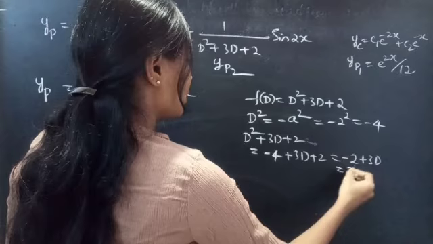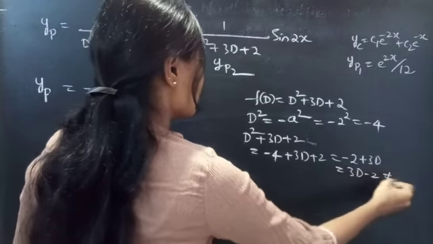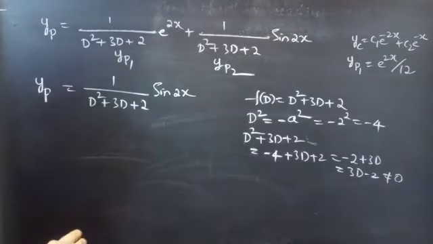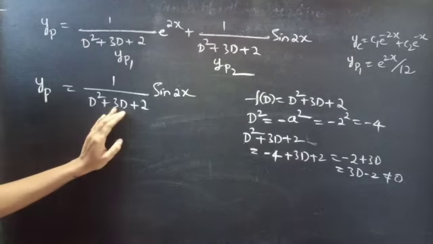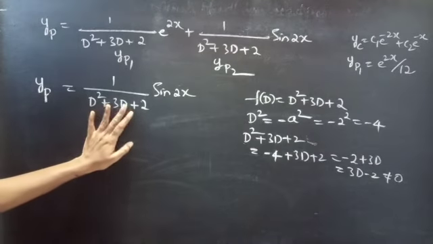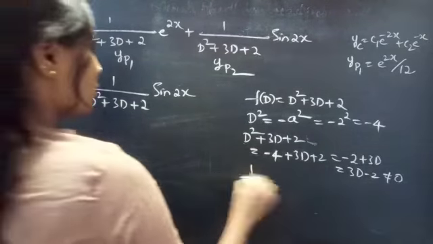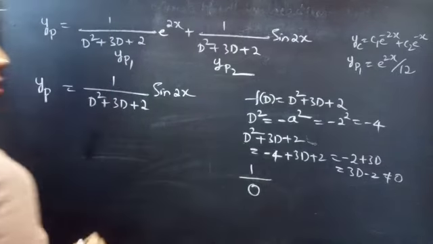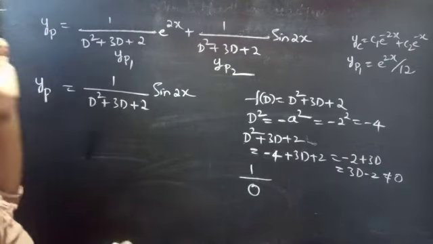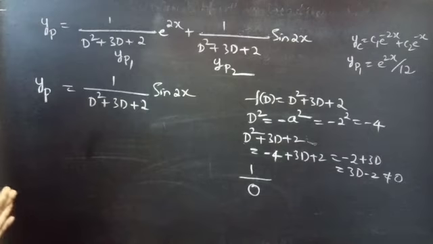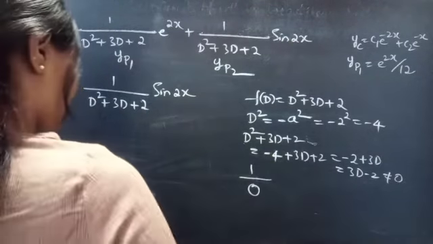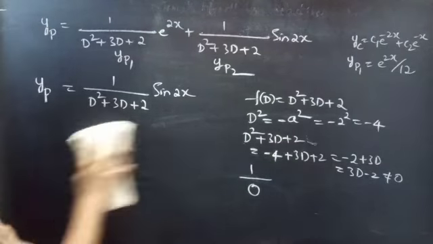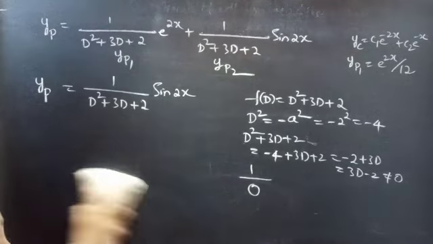You can write this as 3D minus 2, which is not equal to 0. The denominator will not become 0; if you get 1 by 0, the total fraction becomes undefined. So we check it by replacing D square with minus a square.